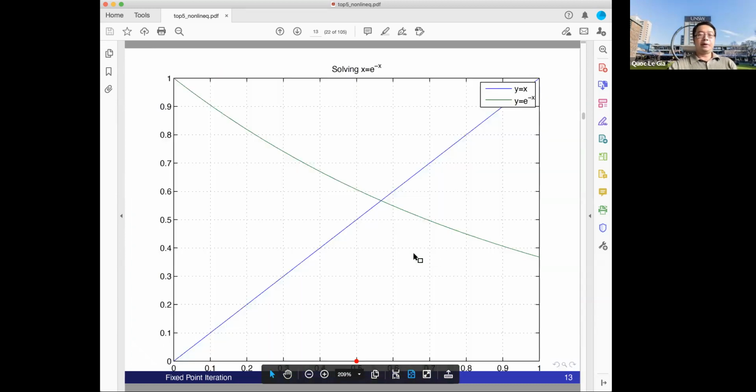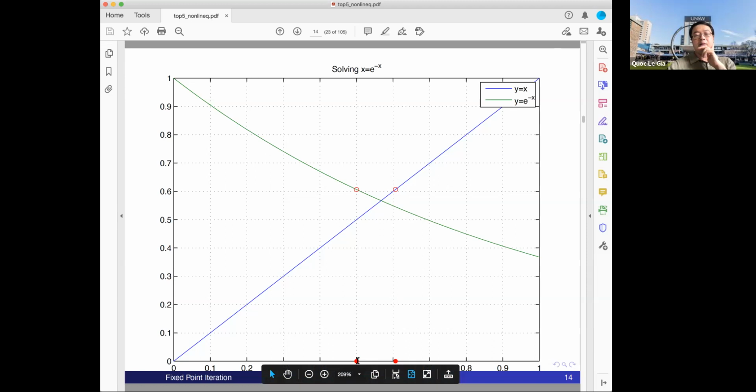If you look at the picture, the line y equals x is the blue line, and the green curve is y equals e to the minus x. You start from 0.5, then you compute e to the minus x_0. Then you project through y equals x, and you get x_1 here.